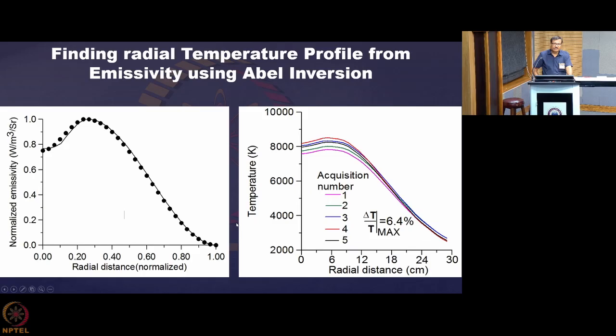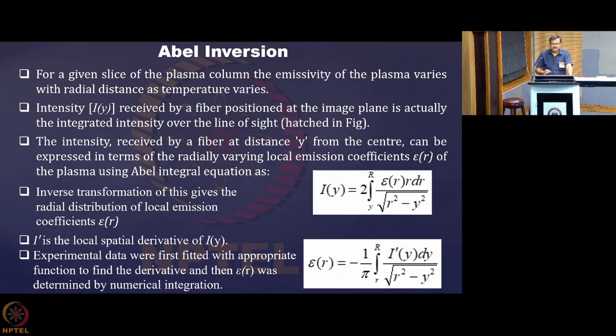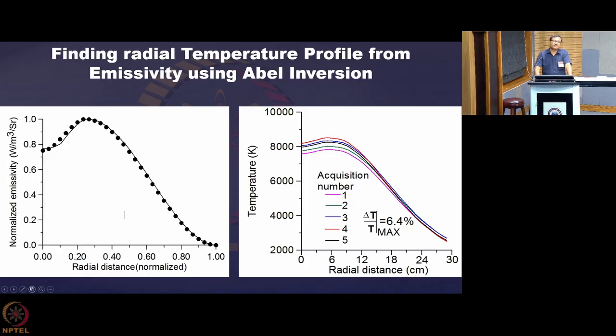So we come over here. This is the radial distance, and the emissivity that we extract from the integral after recording the intensity I y, this epsilon r, is obtained. This goes like this.